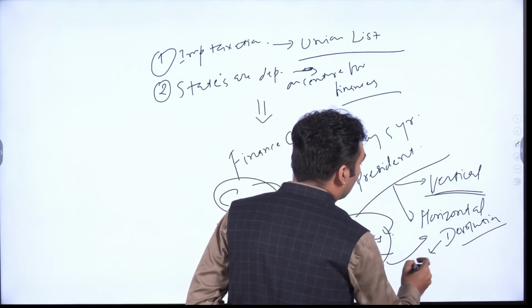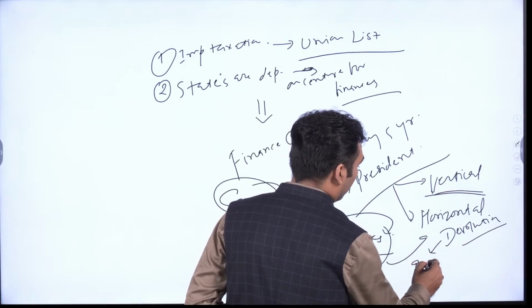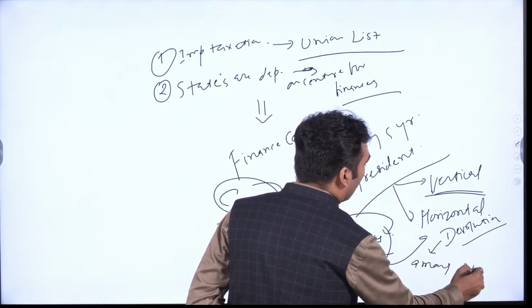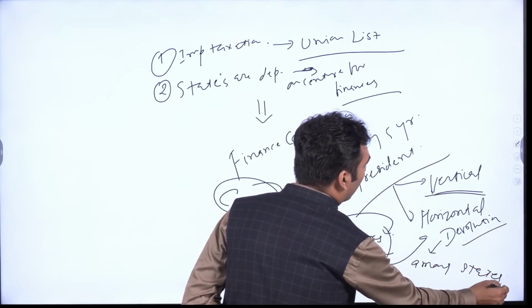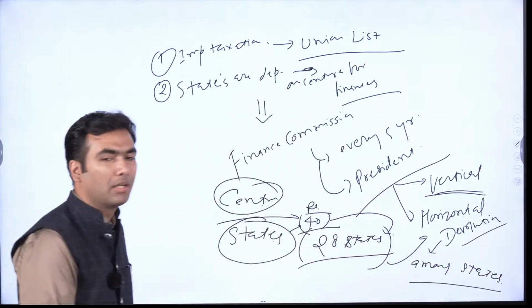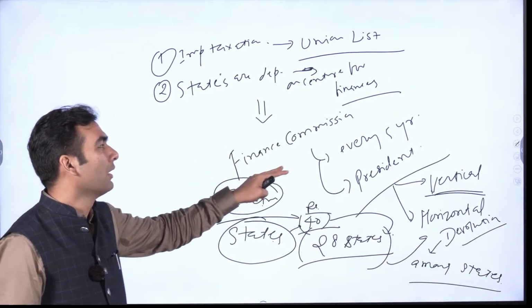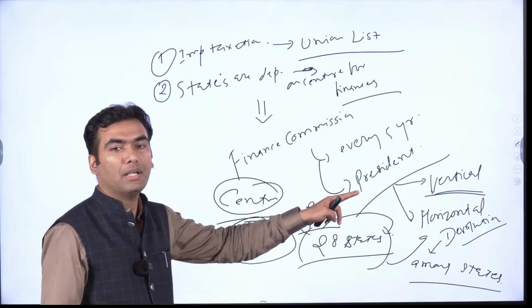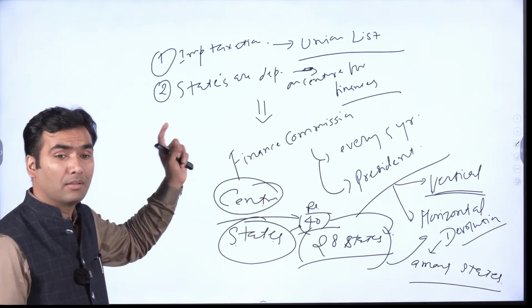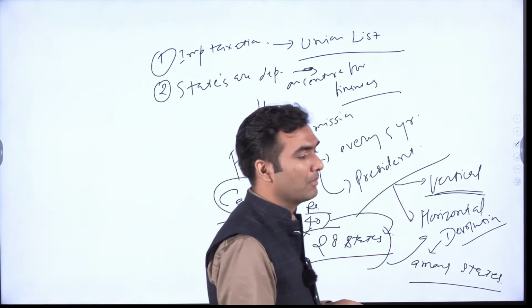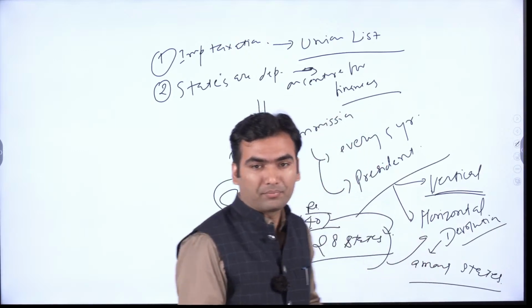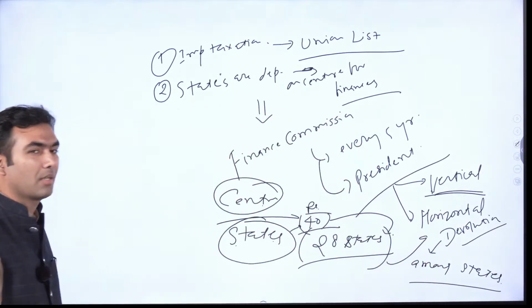So the distribution among the states is called horizontal devolution. This is the responsibility of the Finance Commission. The Finance Commission gives its recommendation to the President. There is a question often asked in the prelims exam: whether the recommendation of the Finance Commission is binding.